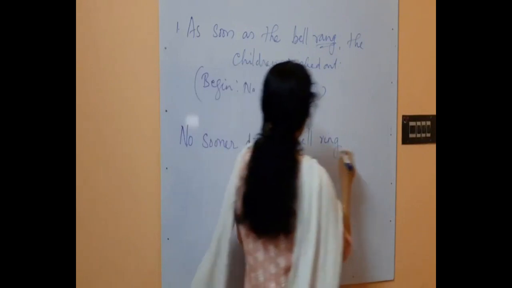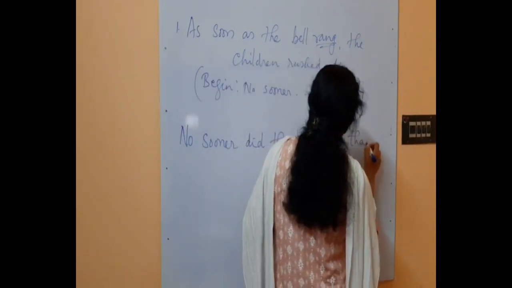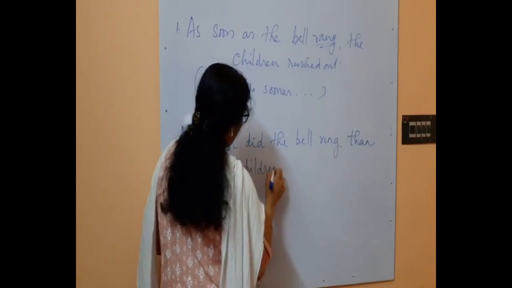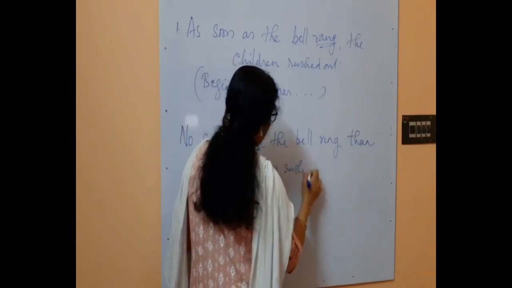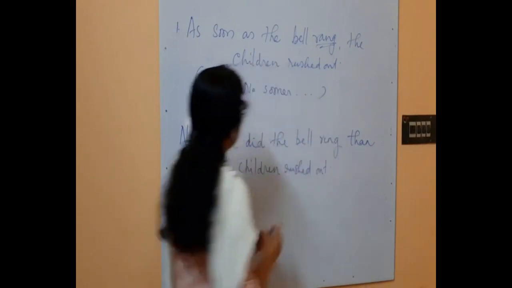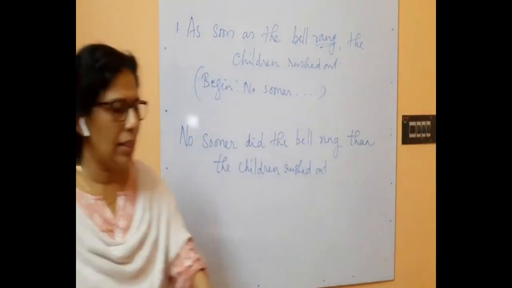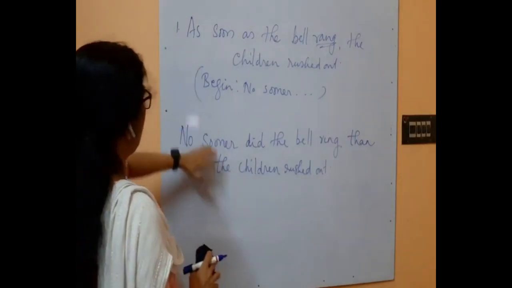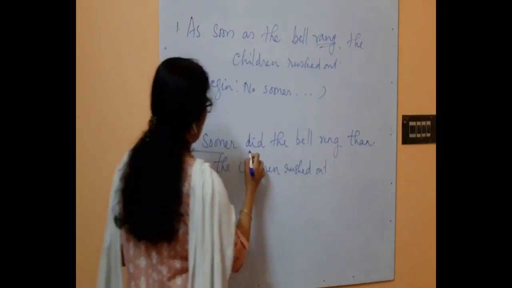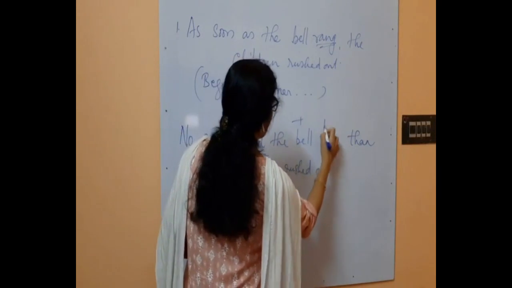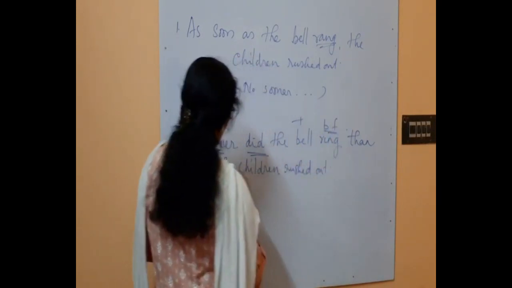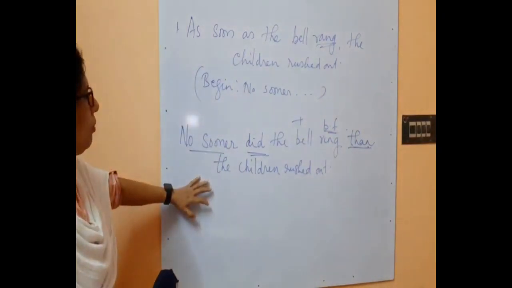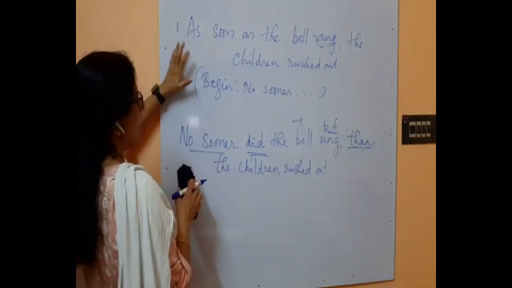So this is how you combine the sentence using no sooner: no sooner did plus base form, and than is used in the second part. I hope this is clear to you.